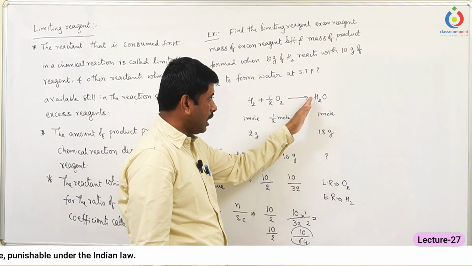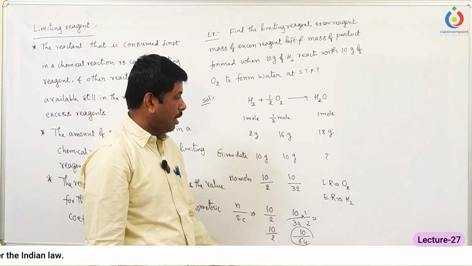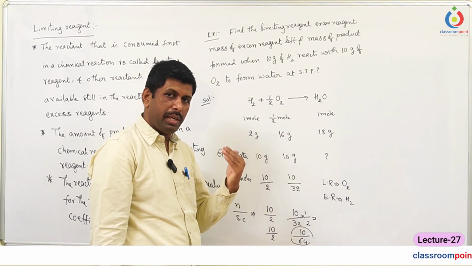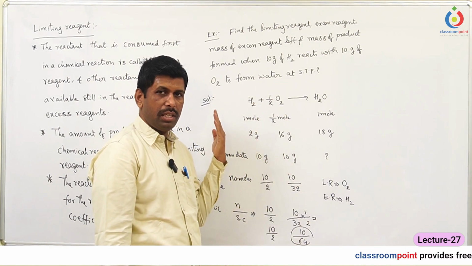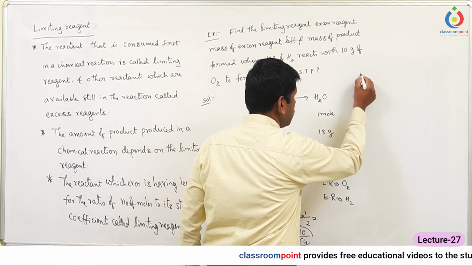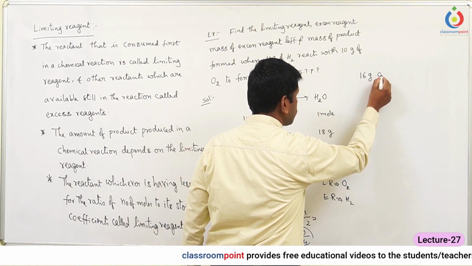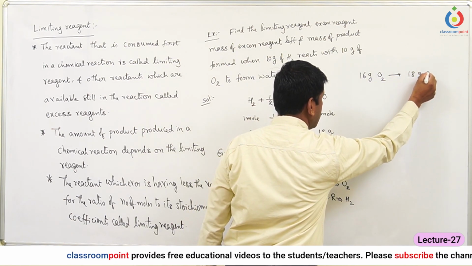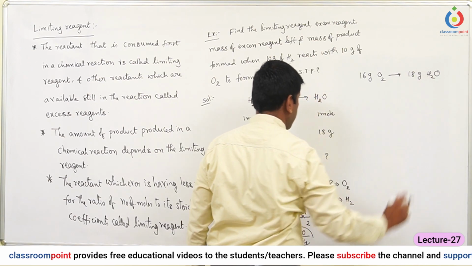See, whenever you are calculating the product, once the limiting reagent is decided, we have to relate only the limiting reagent with the product. The excess reagent has no role in this. So here 16 grams of oxygen is able to produce 18 grams of H2O.